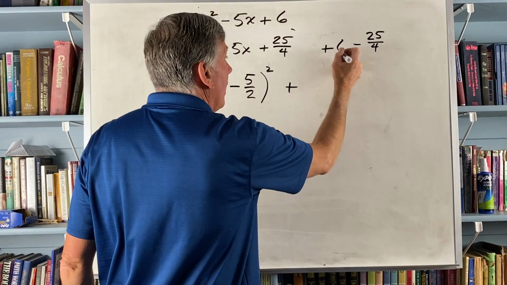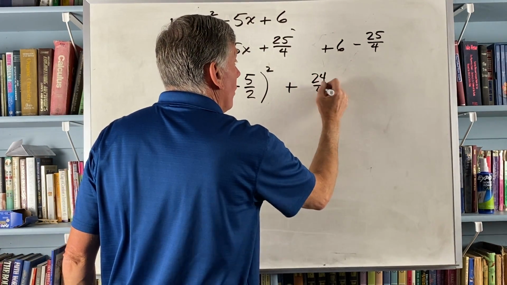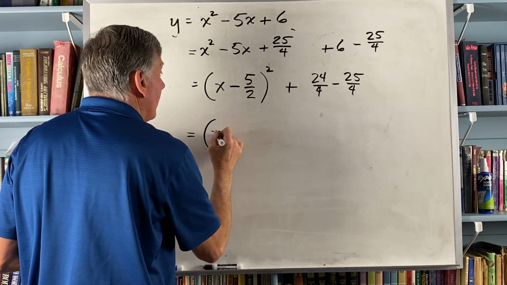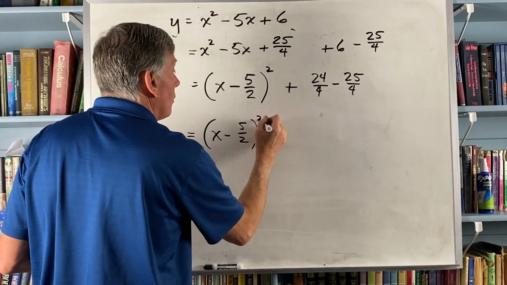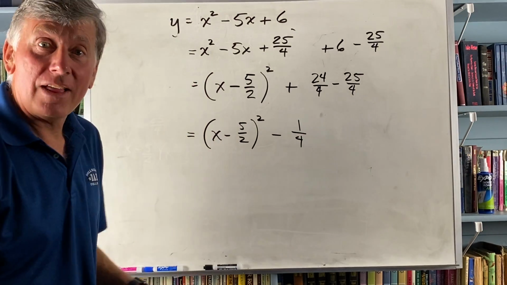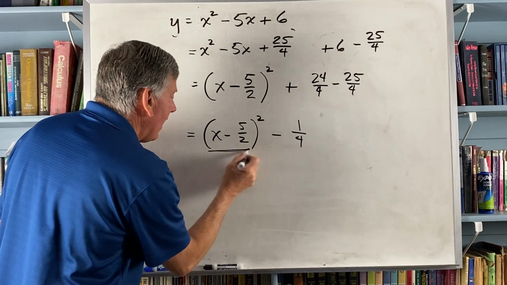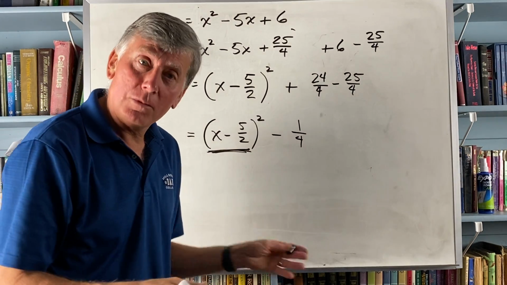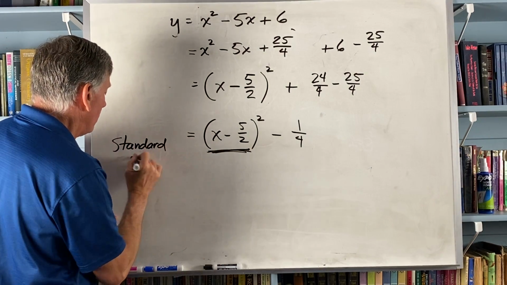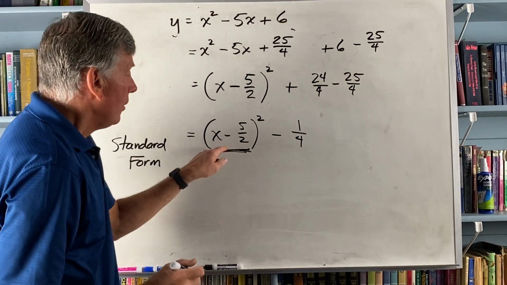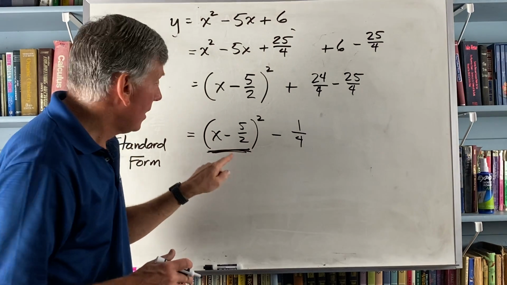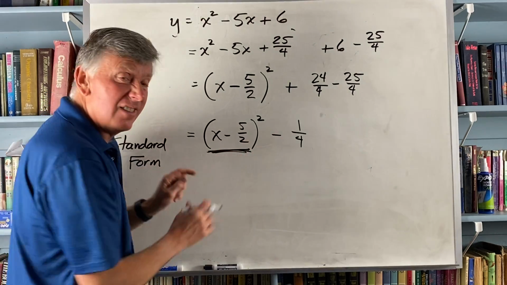Over here, I have plus 24/4 minus 25/4. This whole thing is equal to (x minus 5 halves) squared minus 1/4. Now what's interesting about this is whenever you get this thing in this form, which is called standard form, you can see very well that this is going to give you your minimum when this whole thing is equal to 0.